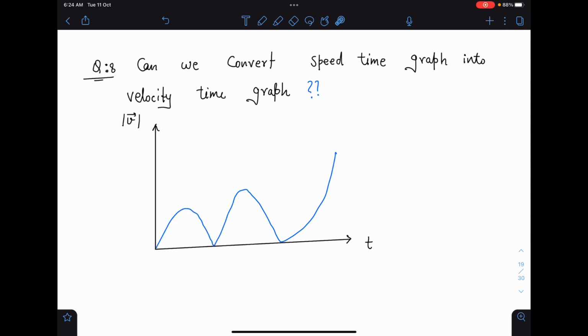So unless it is given to us whether the particle is taking a turn or not, we cannot convert speed time graph into velocity time graph. And the same problem we will have with the distance time graph. Conversion into displacement is not possible because it is scalar to vector, we must need some intermediate point info. Without that it is not possible.